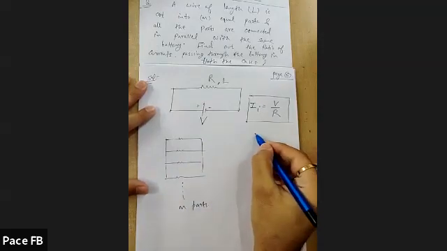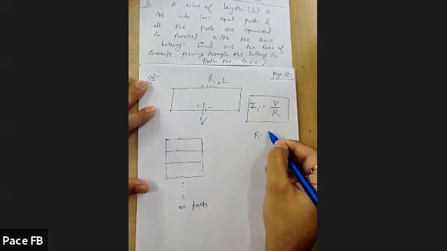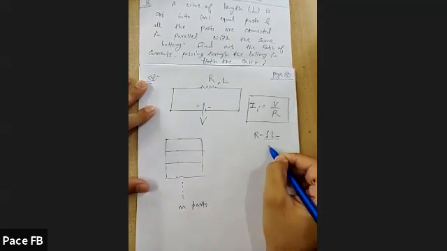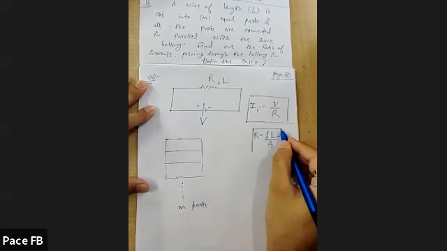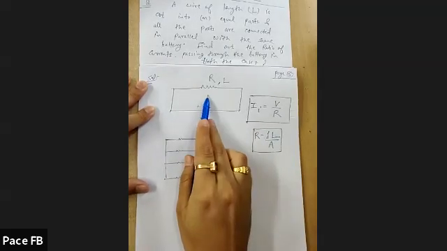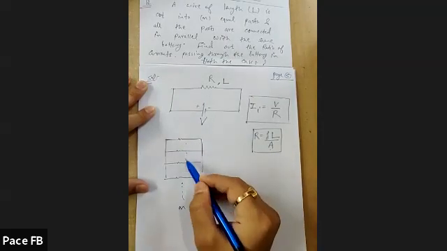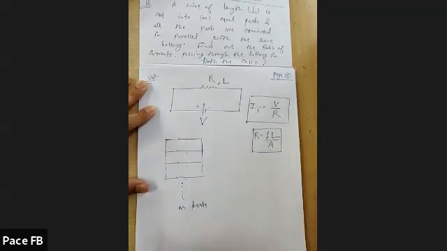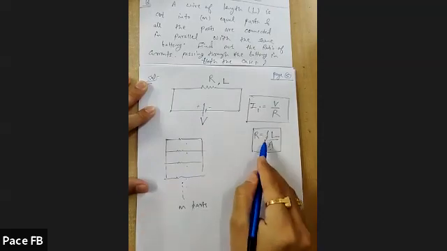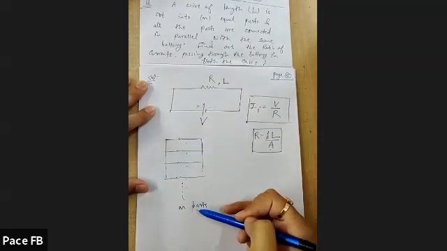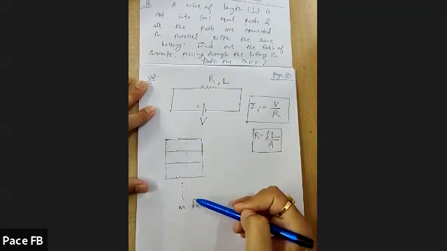How? See, the resistance was what? Resistance is equal to resistivity rho multiplied by length of the wire upon cross-sectional area of the wire. So if I cut this wire into n equal parts, then the resistivity and area of cross-section would remain the same for all the n parts, because the material will remain the same. Let's say if it is a copper wire, then all the n parts are made up of copper.